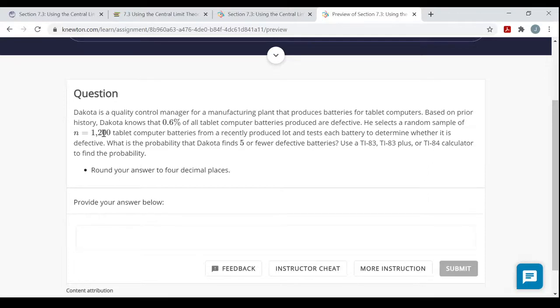Based on prior history, Dakota knows that 0.6% of all tablet computer batteries produced are defective.